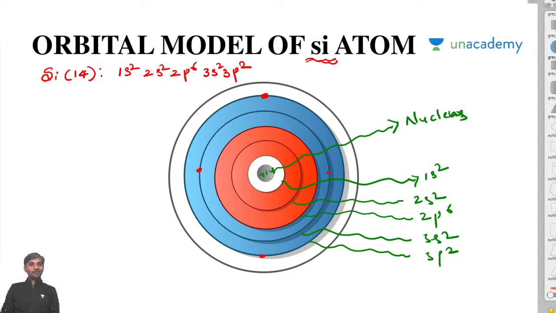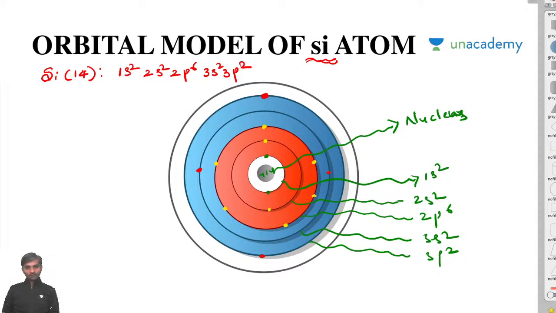Then you will have 2p6, which is 1, 2, 3, 4, 5, 6 electrons, and then here 3s2, and then 2 more electrons in 1s2. So understand this.